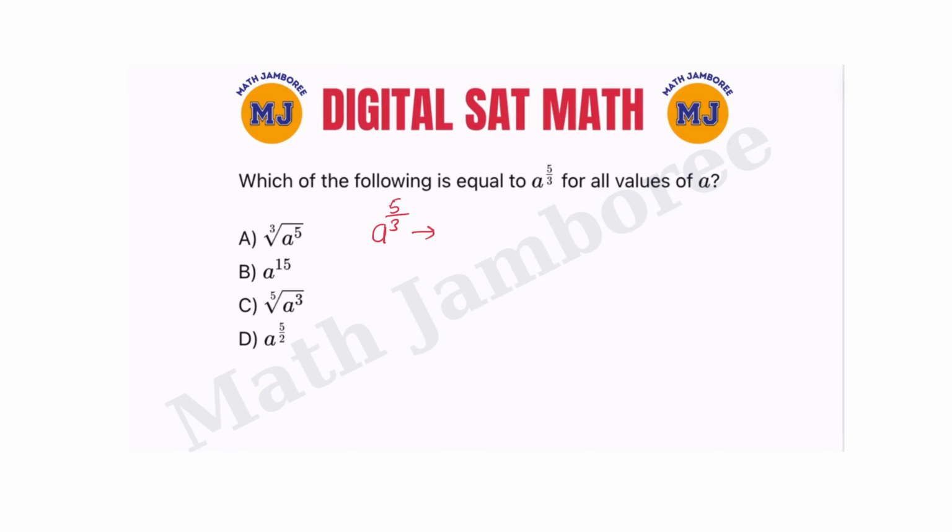since this 5 is in the numerator, this 5 will stay on top of a. If you put it in the root, a goes inside of the root, and 5 stays on top, so it's a numerator, and this 3 in the denominator goes in as the degree of the root.